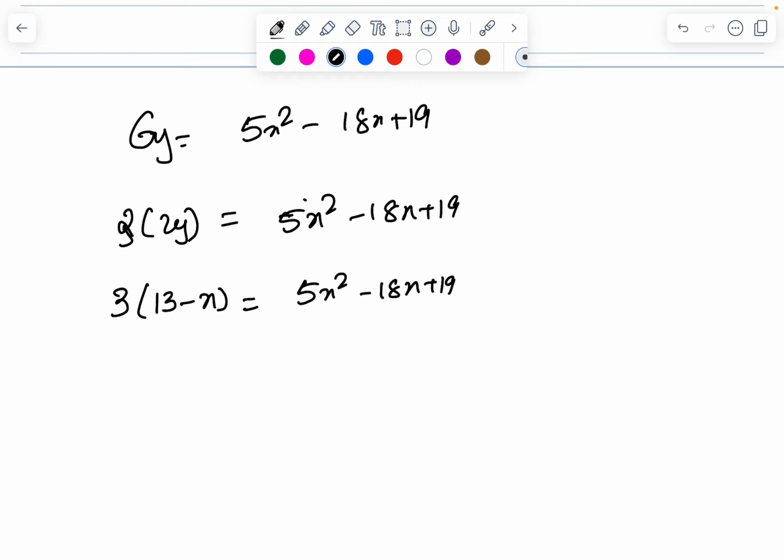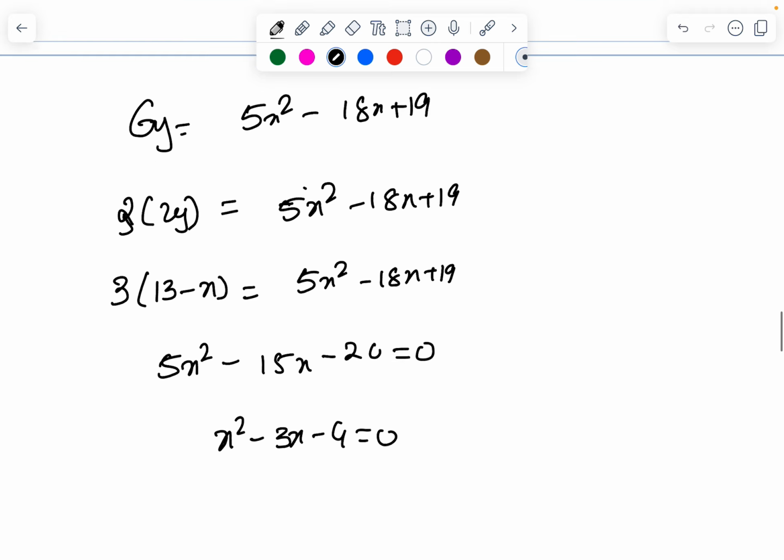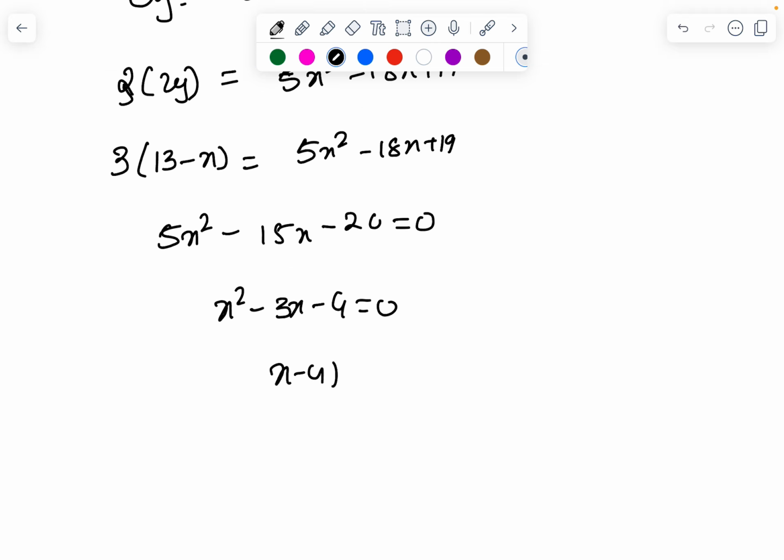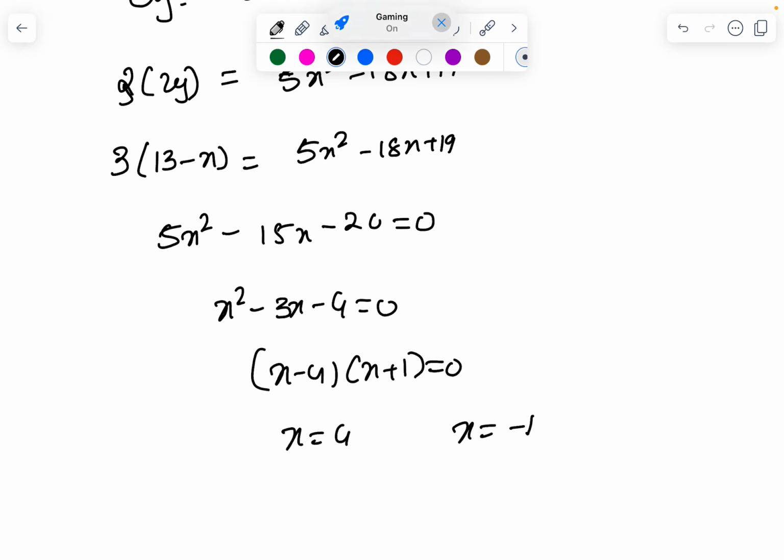Now what do I get from here? I'm directly writing 5x squared minus 15x minus 20 equals 0. So x squared minus 3x minus 4 equals 0. So x minus 4 times x plus 1 equals 0. So x equals 4, x equals negative 1.